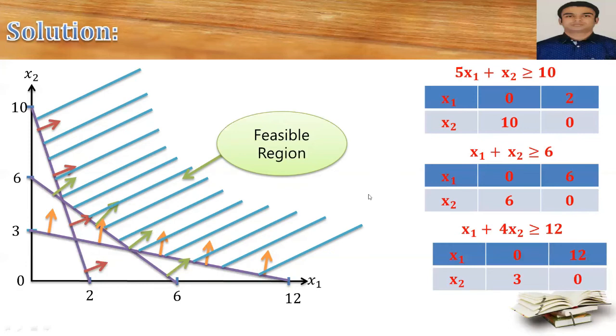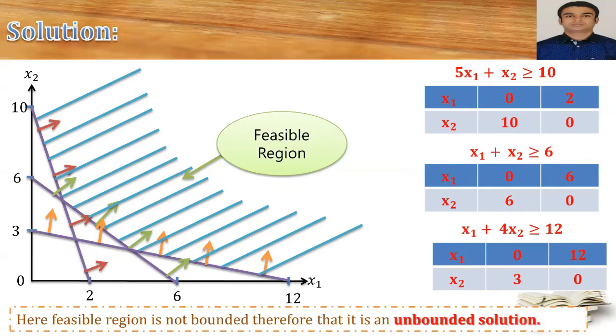And in this problem, it is asking about the maximum of Z. So, for determining the maximum of Z, we require a bounded area. Why? Because for the upper boundary, no point is mentioned here.